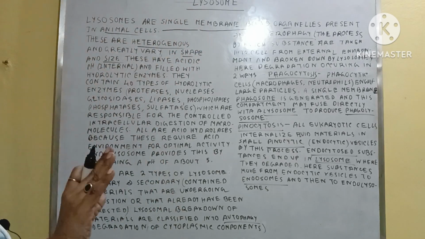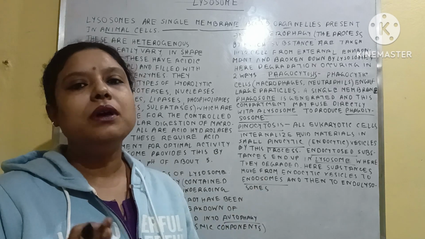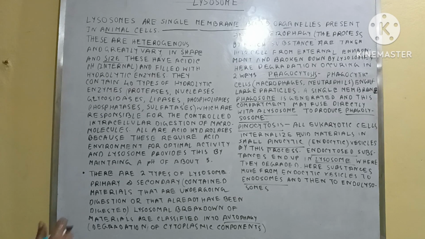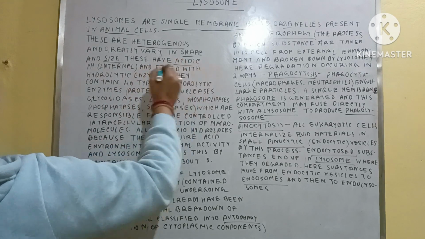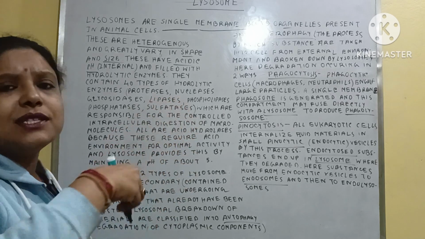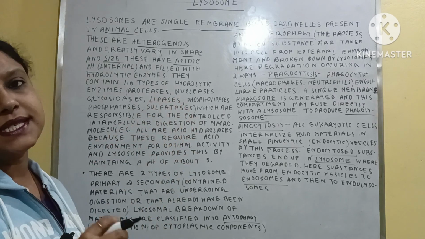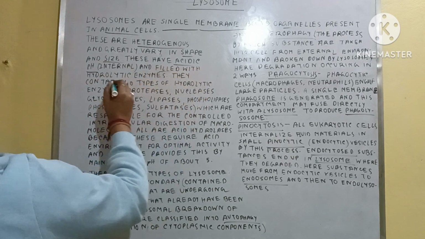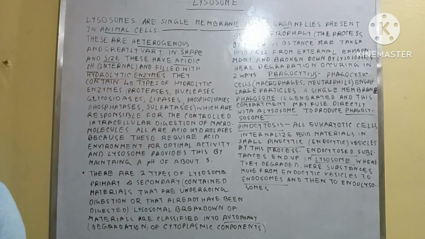All the lysosomes are not the same shape and size. Next, these have acidic pH. So within the lysosome the pH is acidic, and this is filled with hydrolytic enzymes.